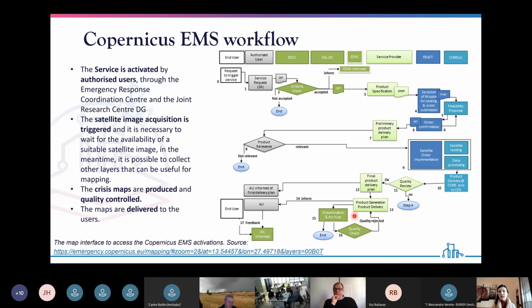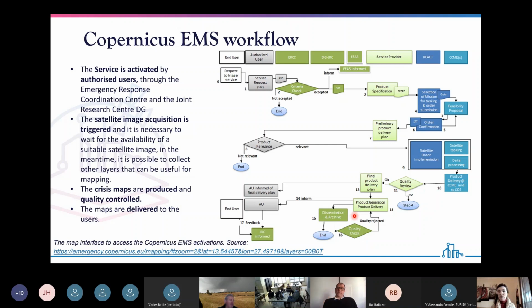In case of a disaster, we need to acquire proper information which allows us to extract the data that we need with respect to the disaster. So depending on the disaster, we could need different types of images. You know that the satellite has a certain revisiting time, so it passes over a certain portion of the Earth every certain days.